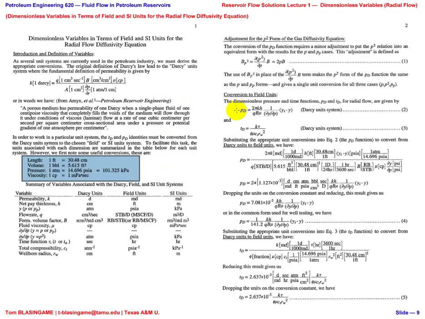Okay, so we'll start over here. Here's the definition of dimensionless pressure. Here's the definition of dimensionless time in Darcy units. So that corresponds to this system of units. So how do we work this? Well, we want to work in millidarcies because that's what field units are in. How many darcies are there in a millidarcy? Well, there's 1,000 millidarcies in a darcy.